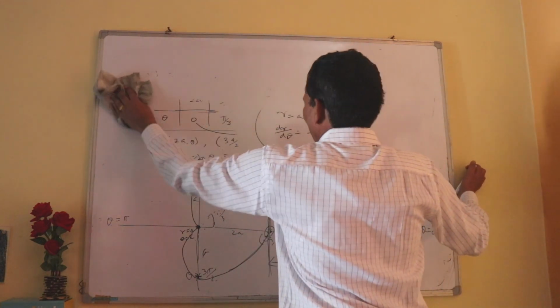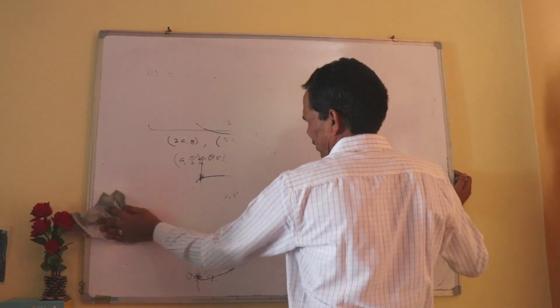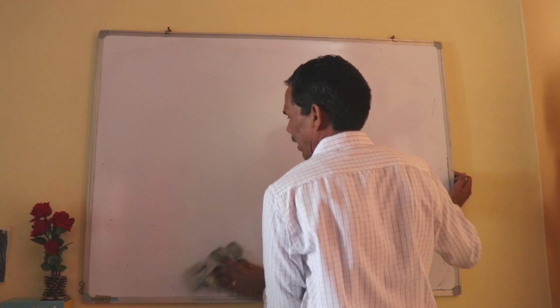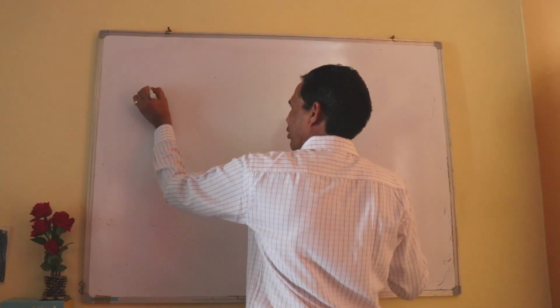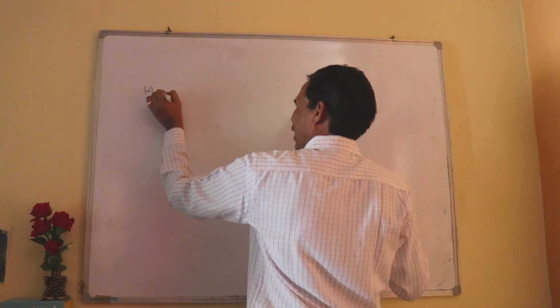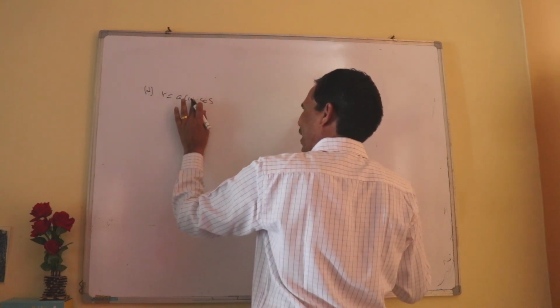Now similarly you are having other cardioids also. So you can just trace other cardioids in a similar way. The second cardioid is r is equal to a(1 minus cos theta).